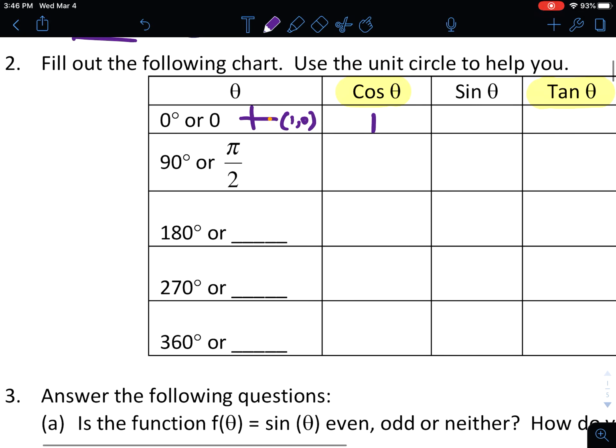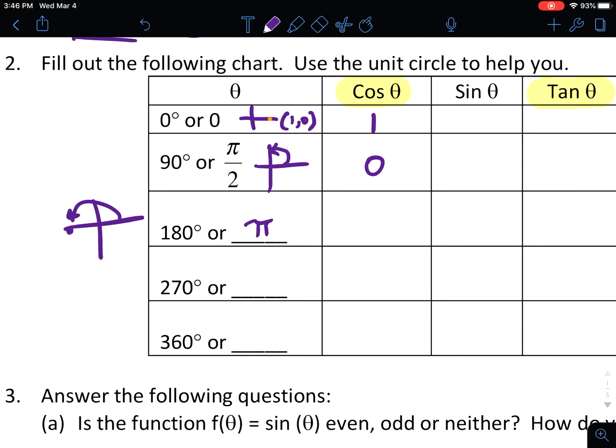At 90, that'll be rotated up 90 degrees, so the point would be 0, 1, so the cosine value would be 0. 180 degrees is 2 90s, so we can think of that as 2 pi over 2, or just pi. And there we would have the point -1, 0. And so the cosine value would be -1, etc. Then 0, and back to 1 here for cosine.